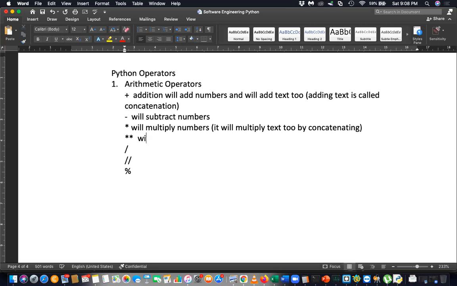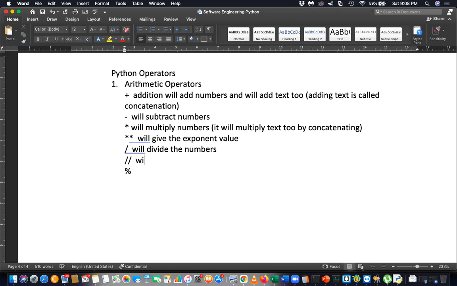Double asterisk will give the exponent value. Division will divide the numbers.